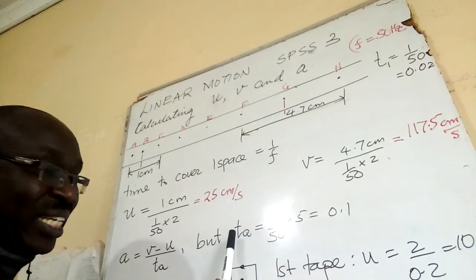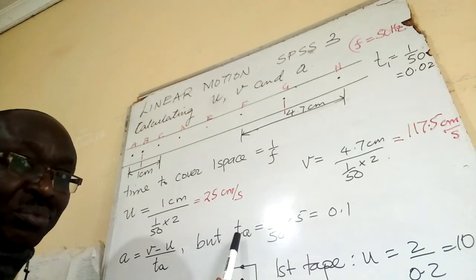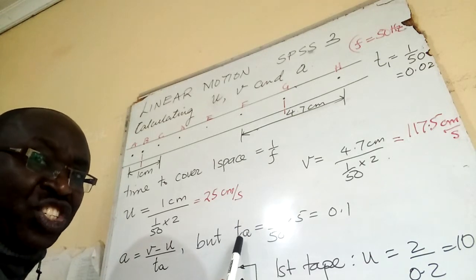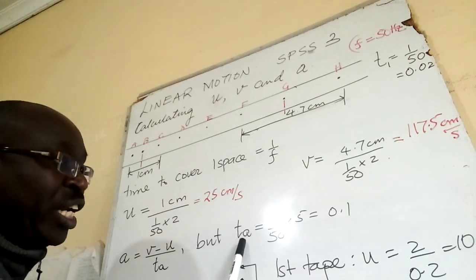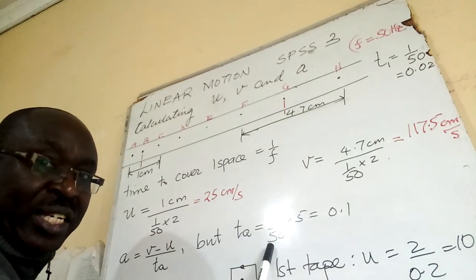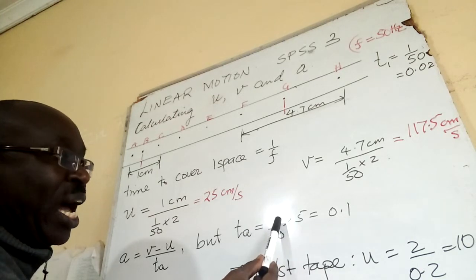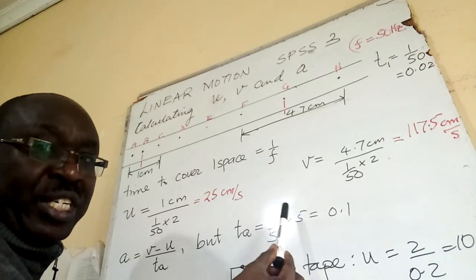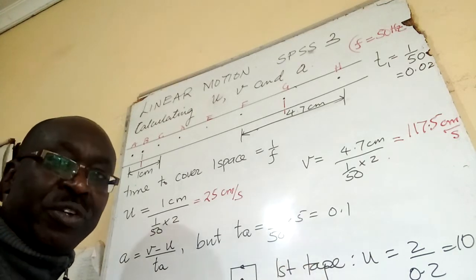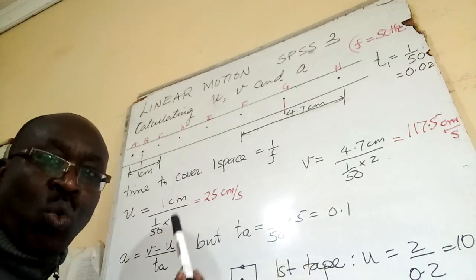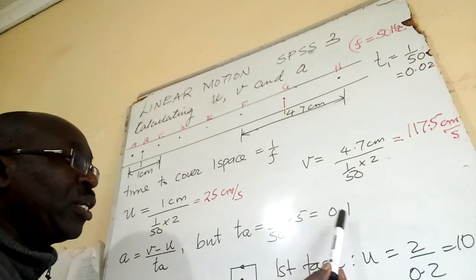So I write TA, time for that change, time for this acceleration, is one space, time for one space, times the number of spaces. When you compute, 5 goes into 50 10 times. So 1 over 10 gives me 0.1.